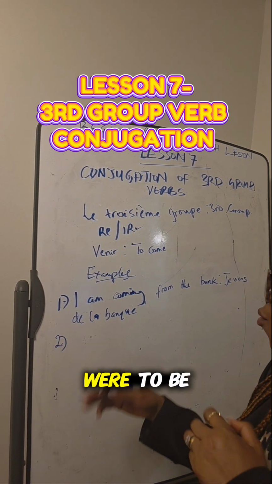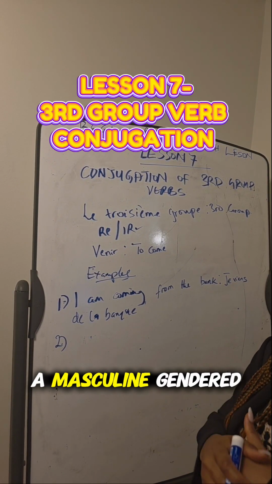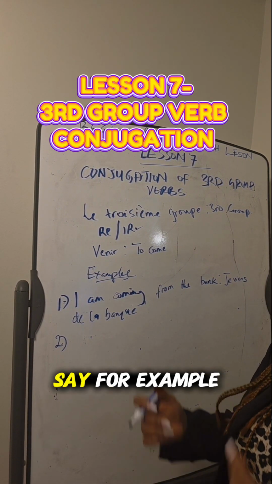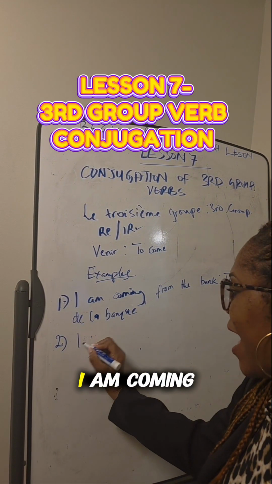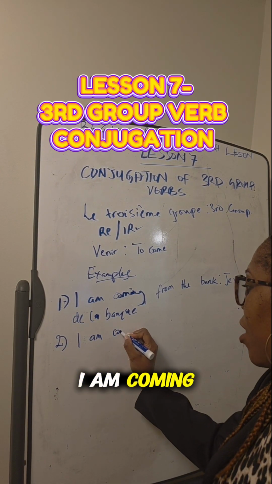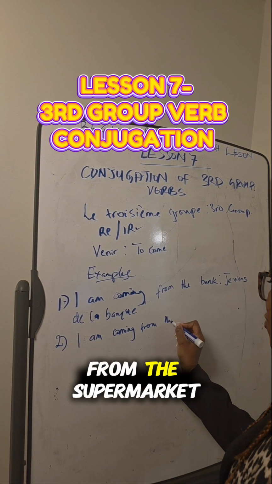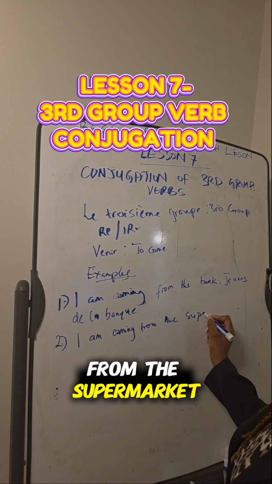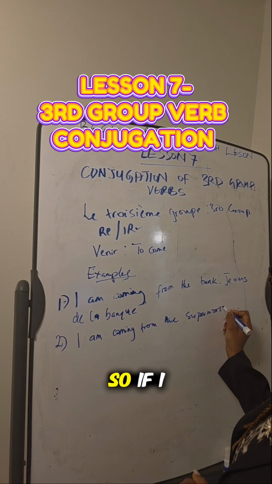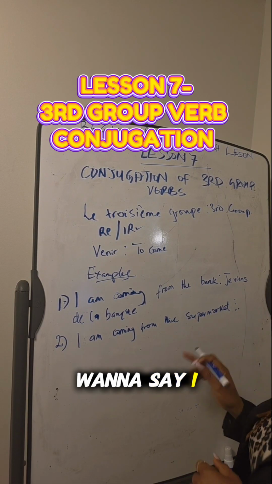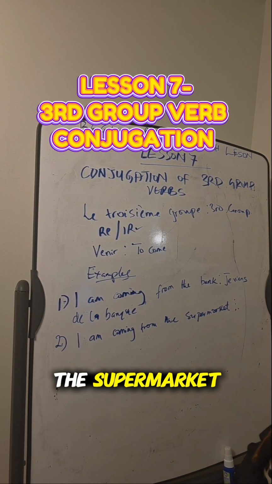What if this were to be a masculine gendered location? Say, for example, I want to say, I am coming from the supermarket. So if I want to say, I am coming from the supermarket in French.